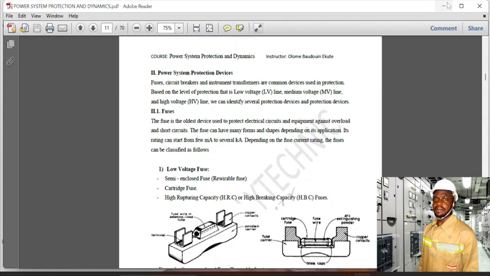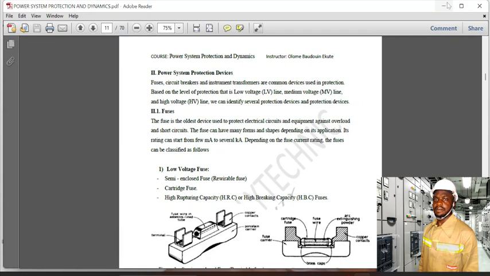We have several power system protection devices, and these can be used in the various electrical power system components, compartments, because we know electrical power system is divided into various compartments such as the generation, transmission, distribution, and the consumers.